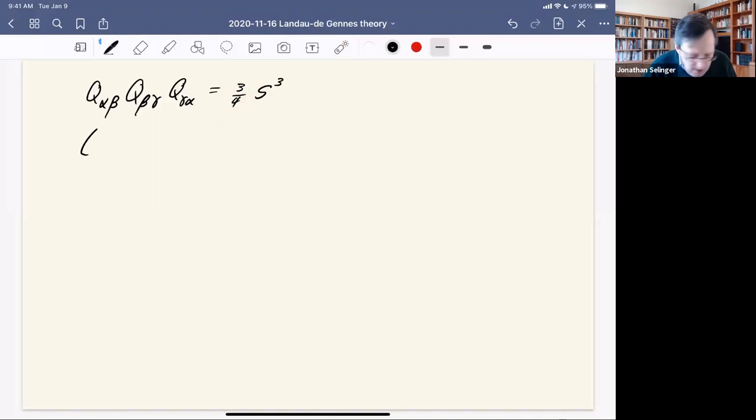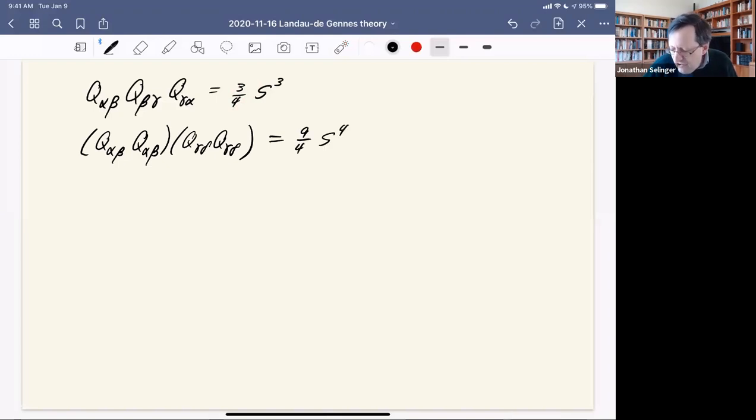Okay, and similarly for the 4th order terms, you could have a 4th order term like Q alpha beta Q alpha beta times Q gamma delta Q gamma delta. That is equal to 9/4 s to the 4th, the square of the thing that I calculated for you on the last slide.